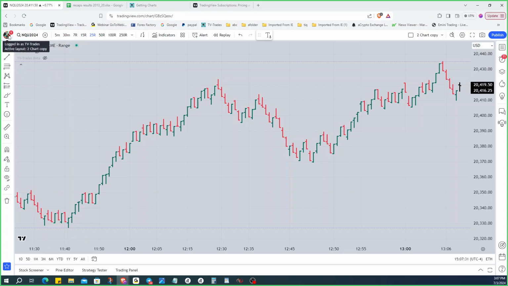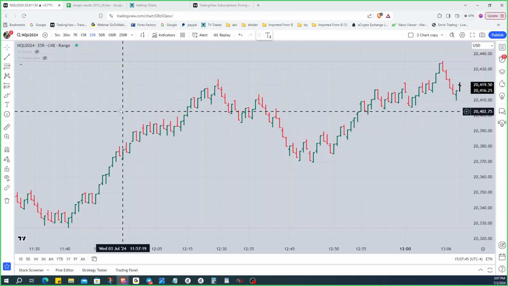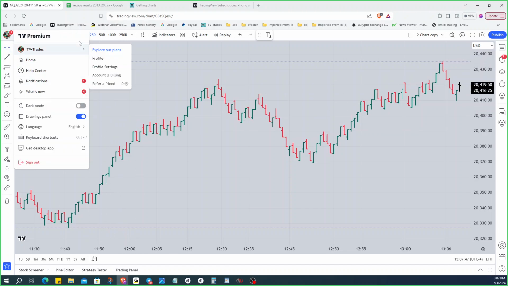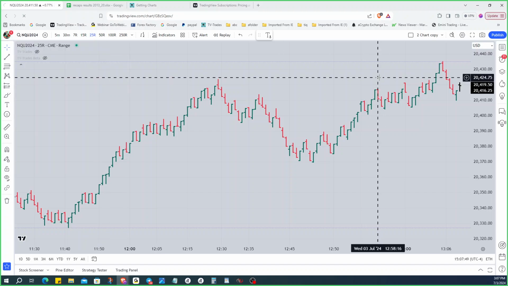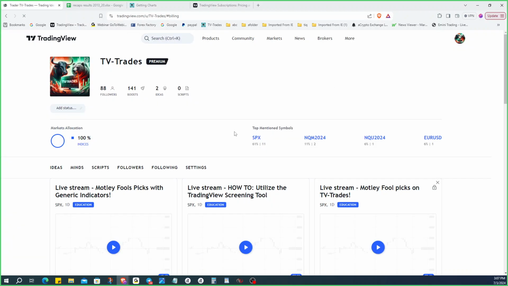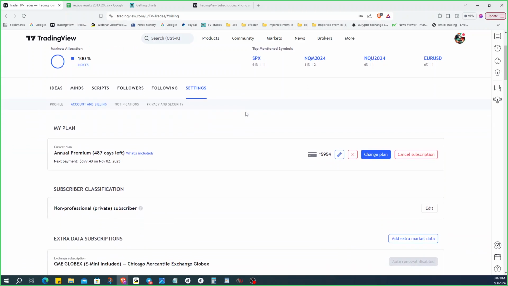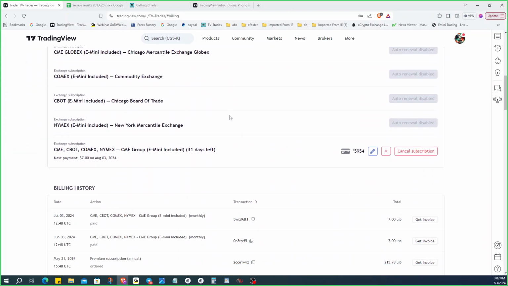If you hover over this, for me it's a logo, but for you it might just be your initials, it says logged in as TV Trades. That's mine. You have to give me whatever you're logged in as, so I can enable things for you. Now, when you go to Account and Billing, the data that you need to get real-time data is $7 a month. There's no trial to this. You just have to pay the $7.